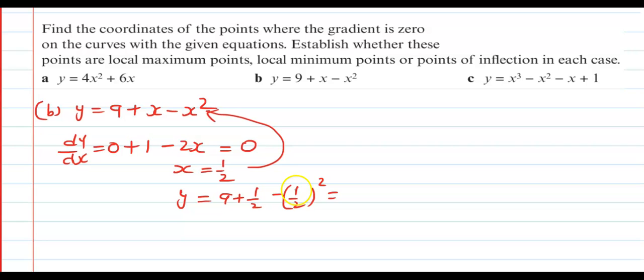If you simplify this, it is 9 plus 1 over 2, like 9.5, minus 1 over 4, so it will be 9 and 1 over 4, or 9.25. So our stationary point is half and 9.25. 1 over 4 is 0.25.